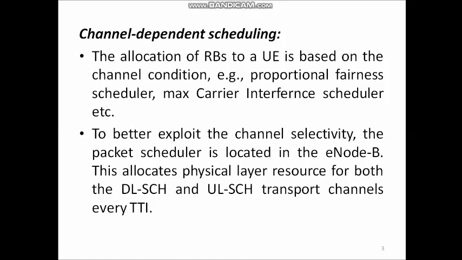To better exploit the channel selectivity, the packet scheduler is located in the eNodeB or base station. So, this allocates physical layer resources for both the downlink shared channel and uplink shared channel transport channels in every transmission time interval. This resource assignment consists of both physical resource blocks and modulation and coding scheme, that is MCS.